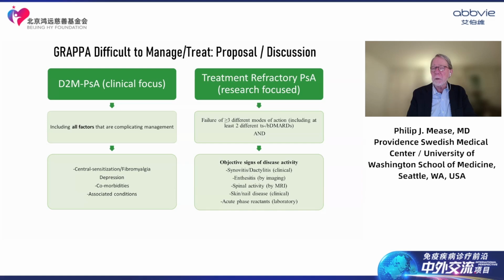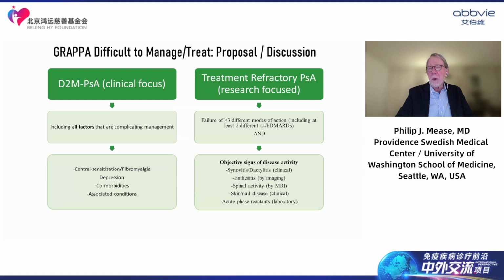What about the patients that we are now increasingly seeing in our clinical practice who come in having tried 4 or 5 or 6 biologic or TSDMARD medications, maybe had a good run with or good experience with each one of them, but eventually lost effect? And unfortunately, that's what we're increasingly seeing in our medical practices.